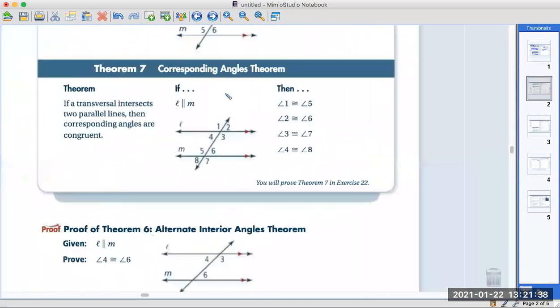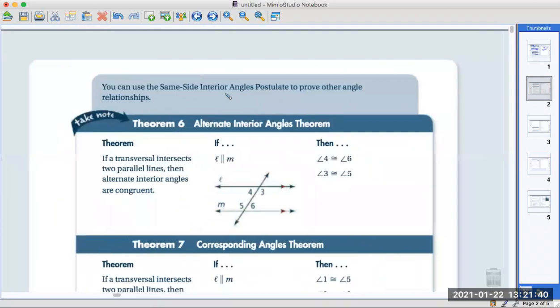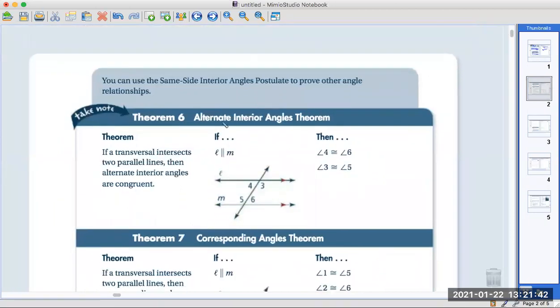On this one, we have the alternate interior angles, so I'm going to just circle that. If a transversal intersects 2 parallel lines, has to be parallel lines, alternate interior angles are congruent.